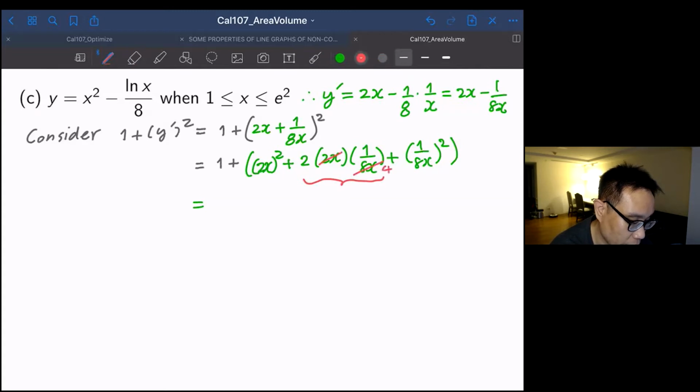You would get 4 for this term, and you also see that this guy turns out to be equal to 1/4. So the whole term here turns out to be equal to 1/4.